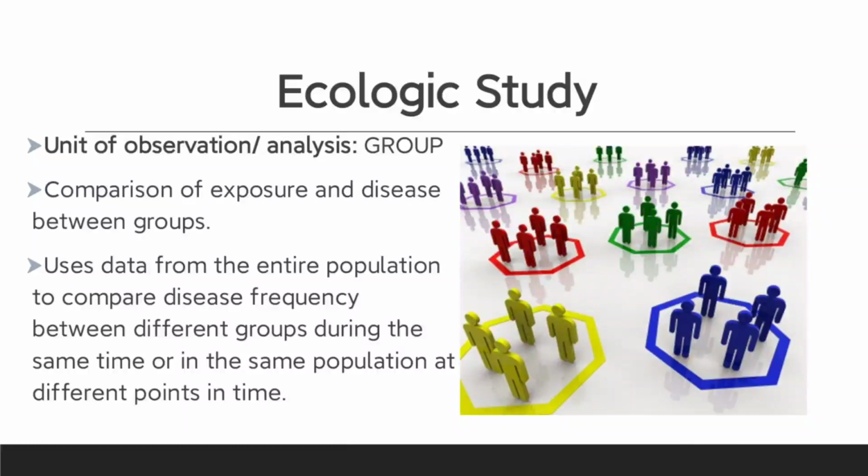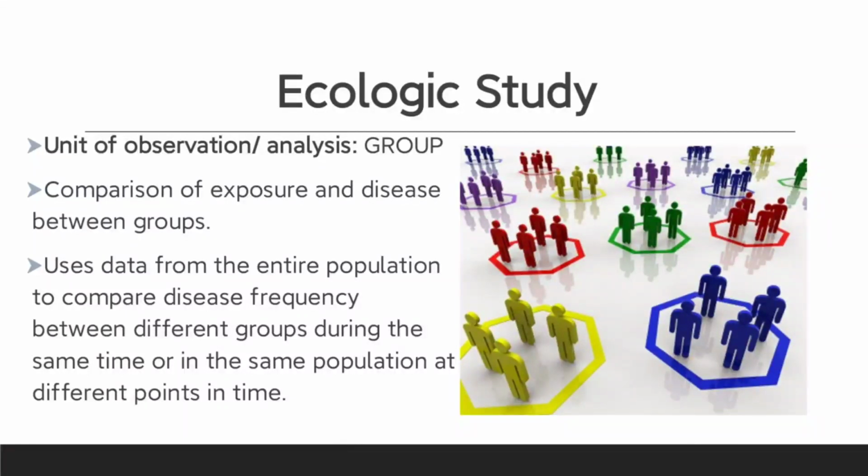No? Take note of that. Tandaan nyo yun. Ang ecologic study, kino-consider niya yung pattern of disease among the population by comparison of exposure and disease between groups. Okay? So, it uses data from the entire population to compare disease frequency between different groups during the same time or in the same population at different points in time.